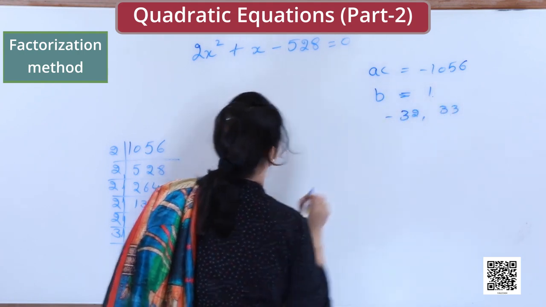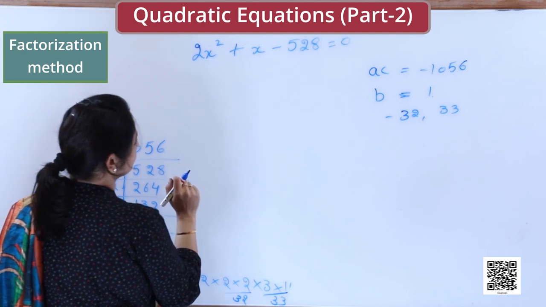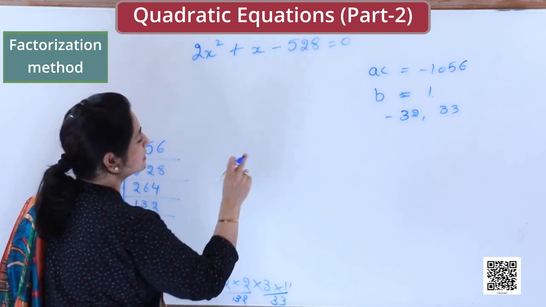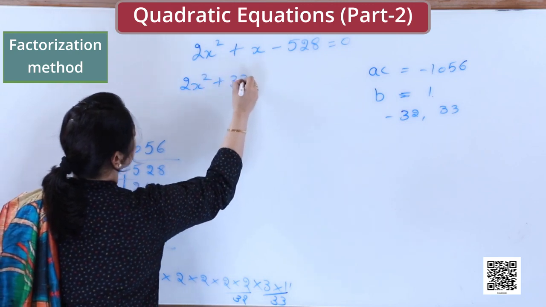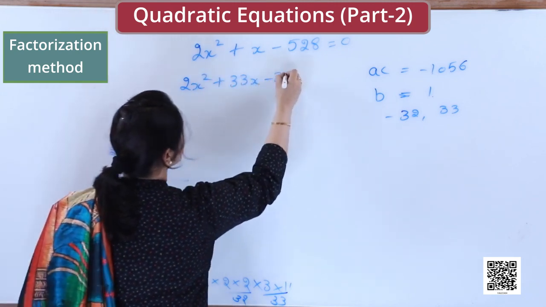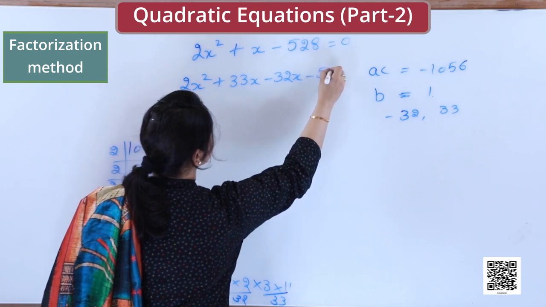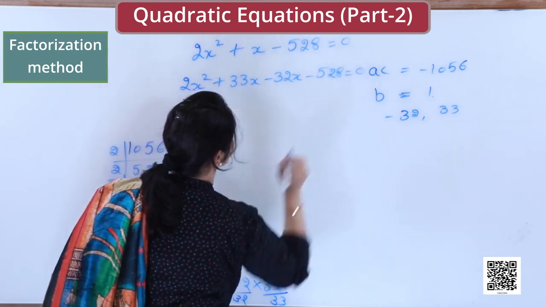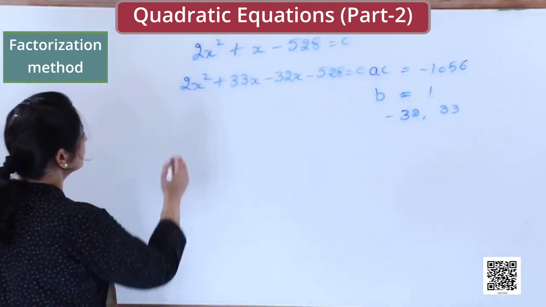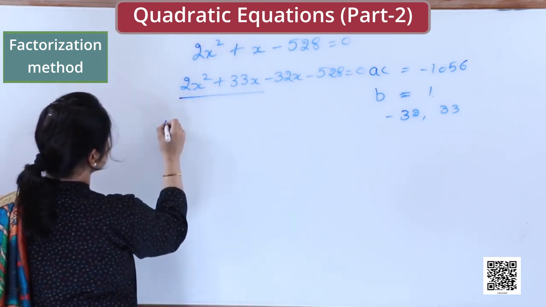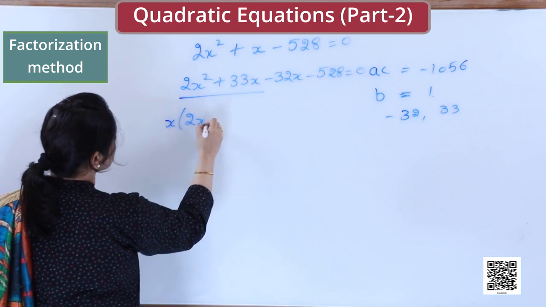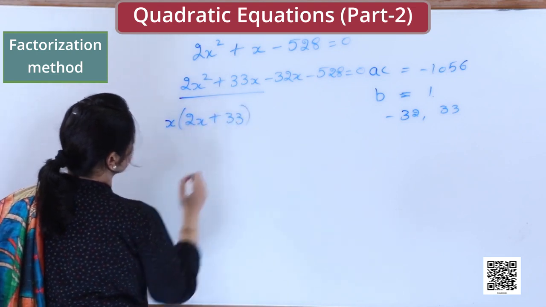Plus 33 minus 32. So x can be expressed as 33x minus 32x. 2x square plus 33x minus 32x minus 528 equals 0. So looking at these two terms, we can take out x as common and we will have 2x plus 33 inside the bracket.